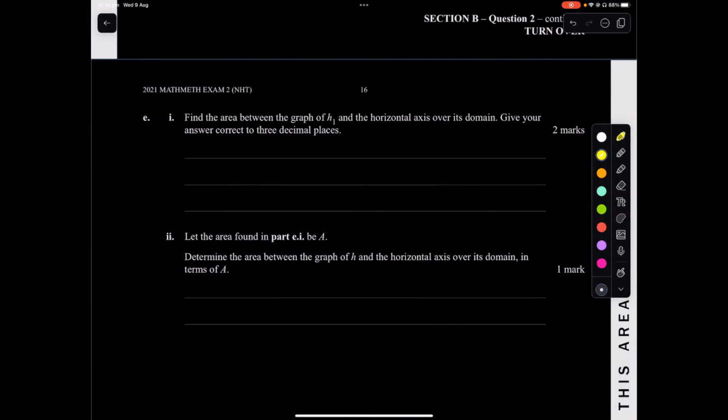Find the area between the graph of h1 and the horizontal axis over its domain. Okay, so what we're saying is, yeah, so we know that's 20, that's 100, h1 of x dx.